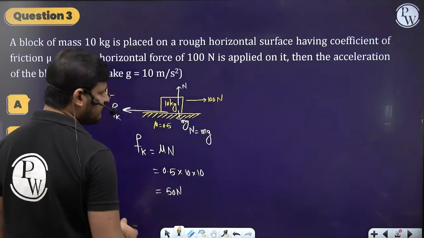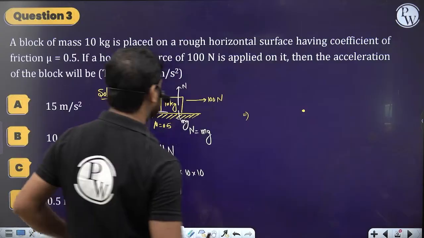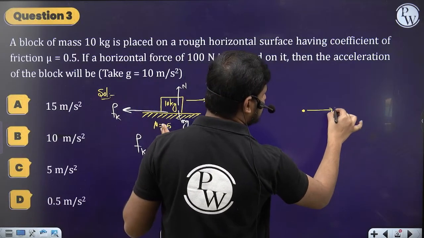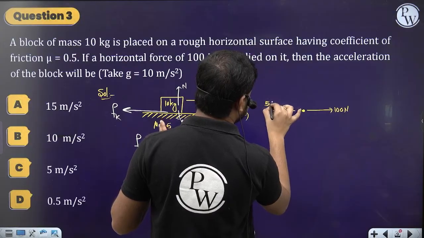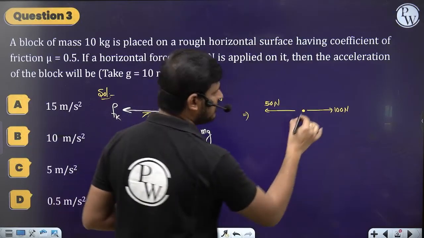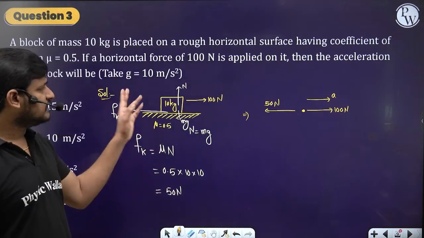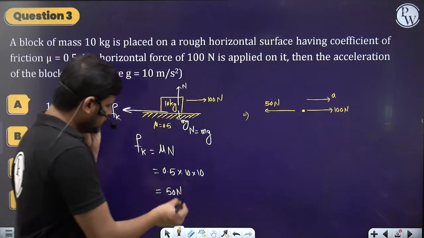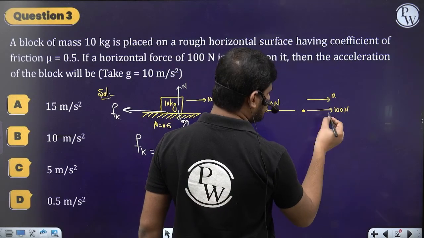So let's draw the free body diagram of this. So if you consider this is a 10 kg block, on this 10 kg block, 100 newtons is acting right side and the frictional force 50 newtons is acting left side. Obviously the body accelerates to the right. Yes or no? Obviously the body accelerates to the right. So then you can find the acceleration easily. How do we find? So the Newton's second law.